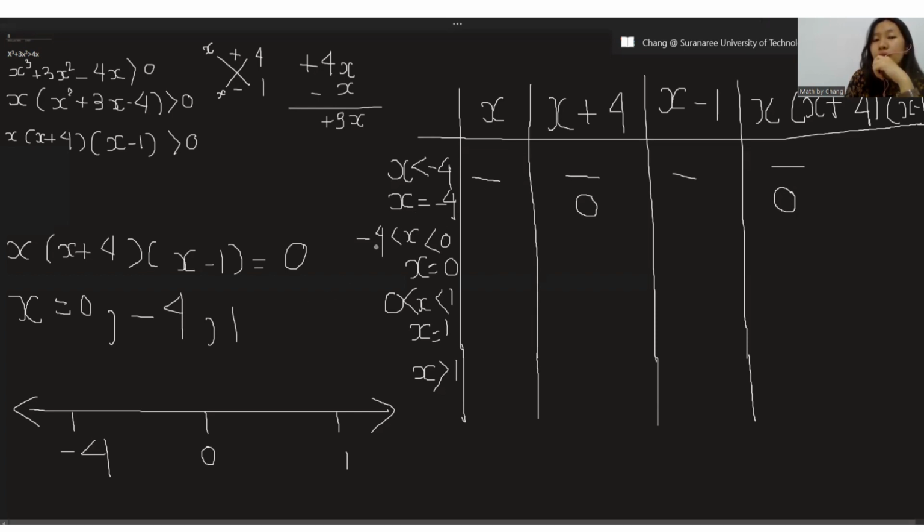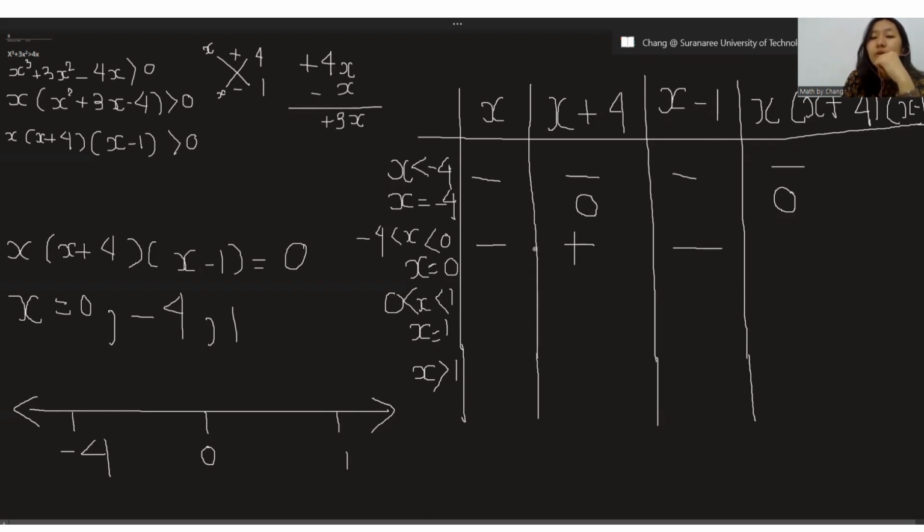And when x is between -4 and 0, you can take any number you like between -4 and 0. But for me, I will just consider -1. Here -1 plus 4, and -1 minus 1, what will you get? -2, right?